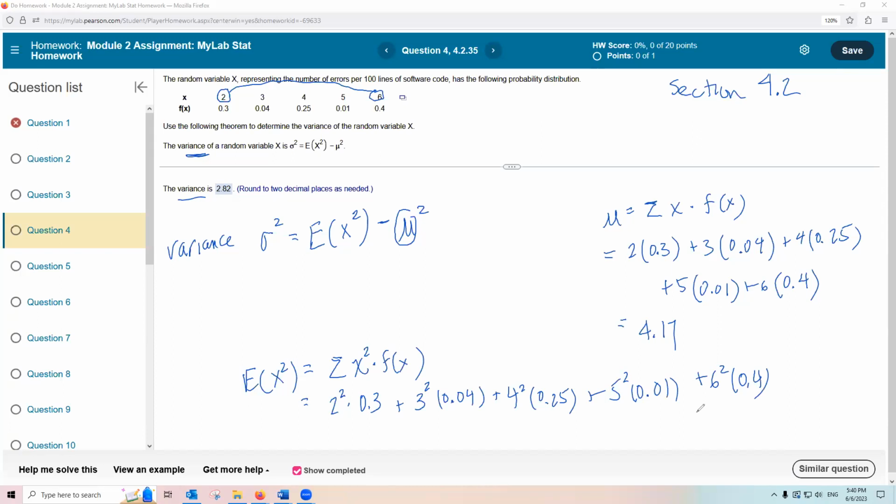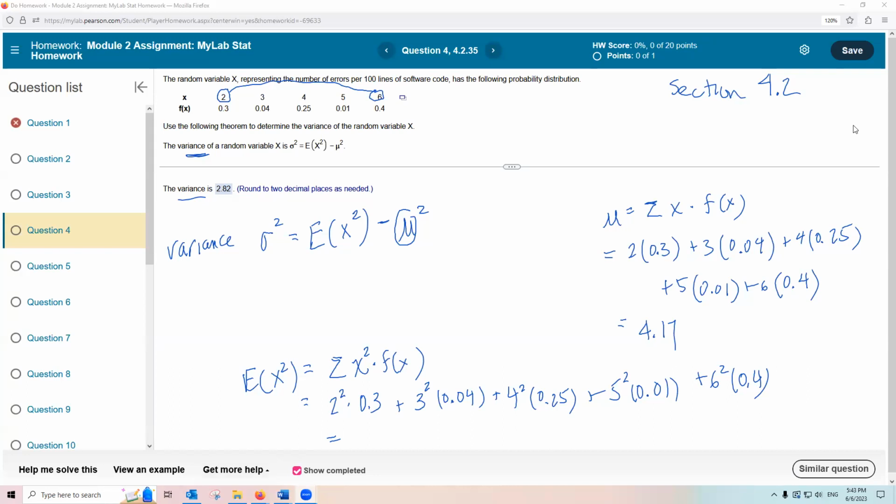All right, I'm going to work this out on my calculator quickly. And if I did that right, let me double check that one more time here on my calculator. And I think I'm coming up here for this result of 20.21.